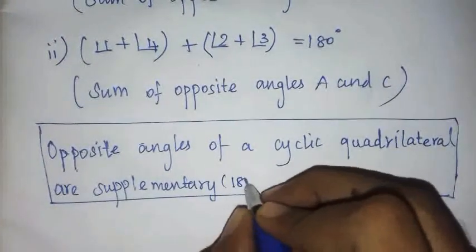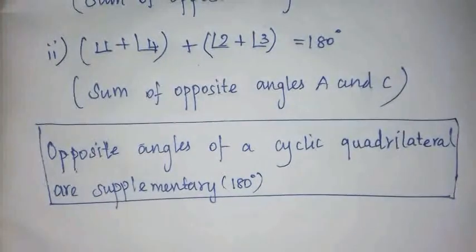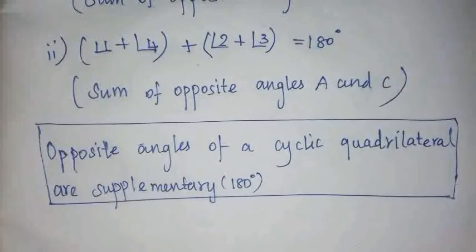What is the meaning of supplementary? That is 180 degrees. If we add the opposite angles, you will get 180 degrees. That only we have seen now.